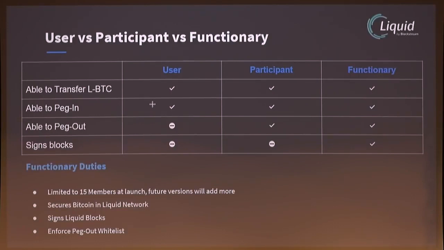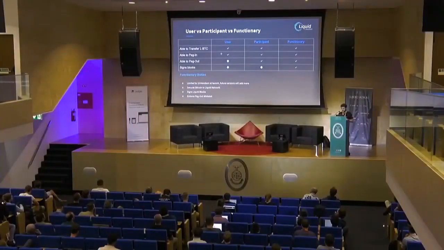And the difference between functionaries and participants is that functionaries sign the blocks and the peg outs, and participants don't do it, but they're also allowed to peg out. So I guess everybody would prefer to be a functionary, but we have a limit in the first version of 15, so the rest of them will have to wait and for now only be participants.